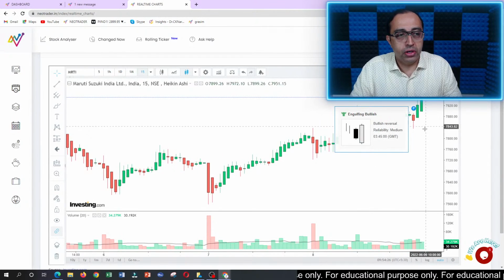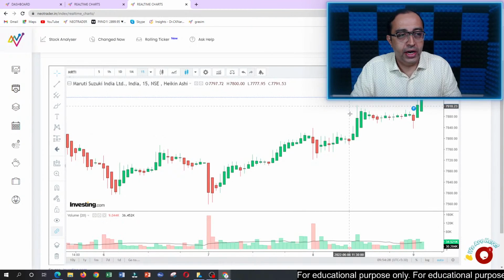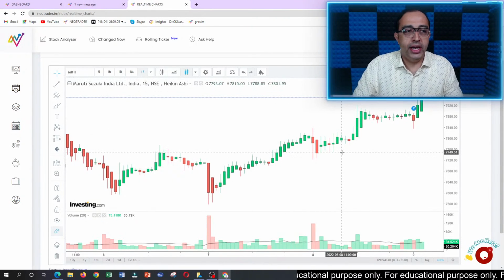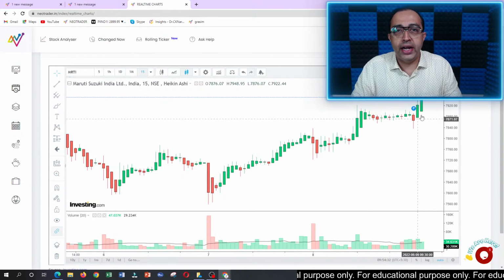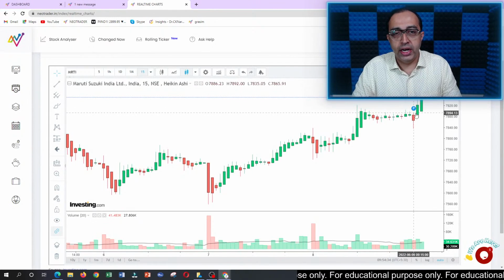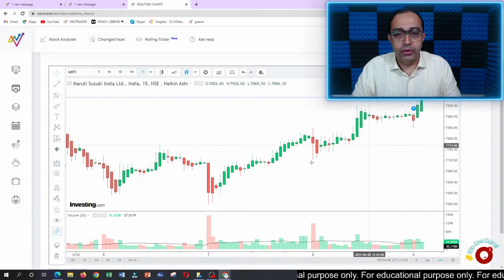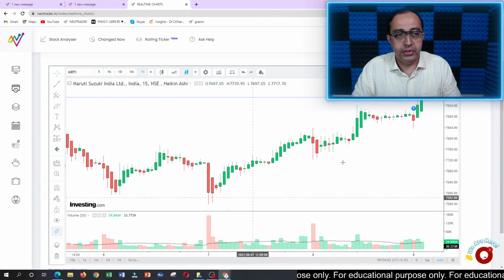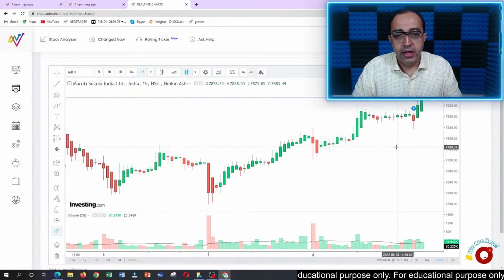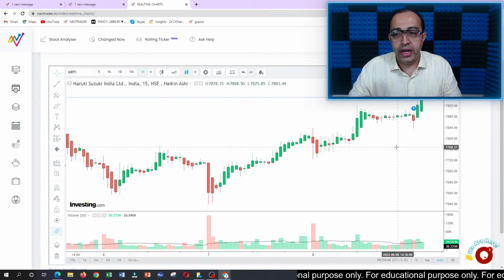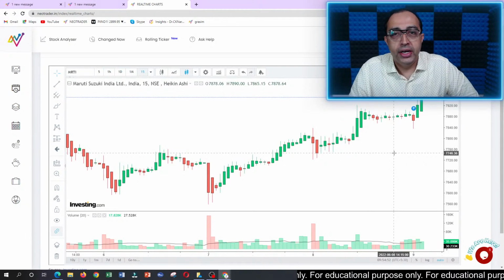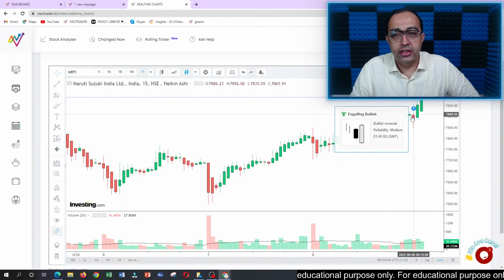The trend took some rest here, and now you can see that these two candles that are getting formed are an indication that the trends are aligned to the upside. The move from 7500 to 8000 has been a steady one, but at no point in time did you get an indication that there is going to be a reaction. And yes, there was a reaction here.